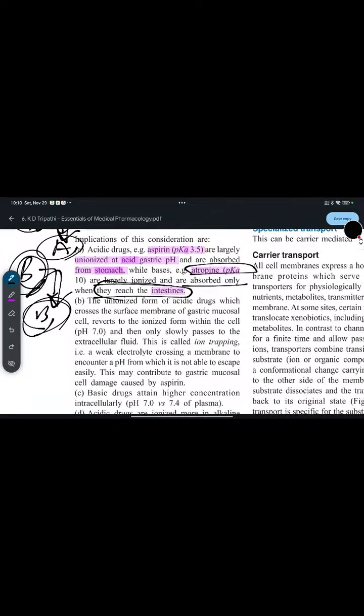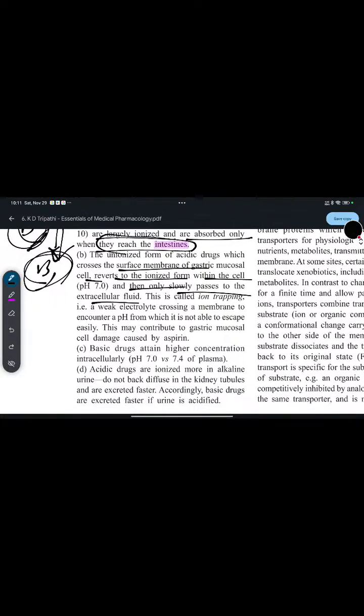Okay. Second point is that the unionized form of an acidic drug which crosses the surface membrane of the gastric mucosal cell reverts to the ionized form within the cell at pH 7 and then only slowly passes to the extracellular fluid. This is called ion trapping, where a weak electrolyte crossing a membrane encounters a pH from which it is not able to escape easily.